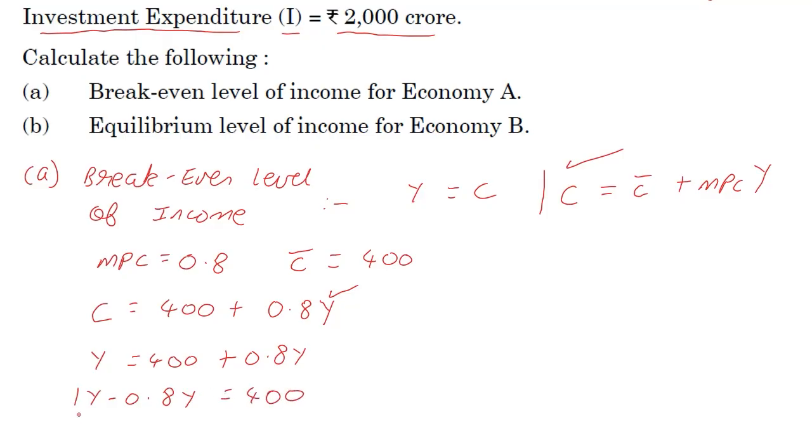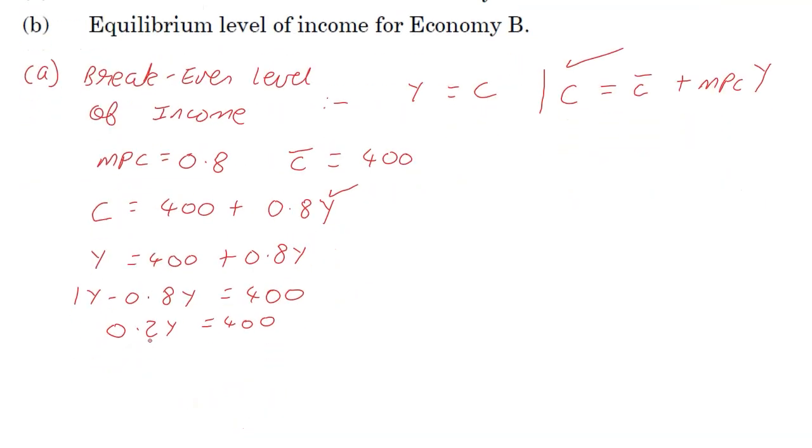And remember, this is 1Y. So if I subtract 1Y minus 0.8Y, it's 0.2Y, which is equal to 400. Now the 0.2 over here is multiplication, goes that side, it becomes division.